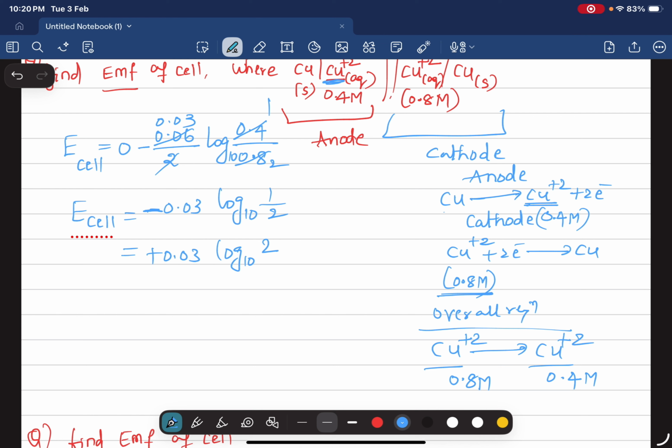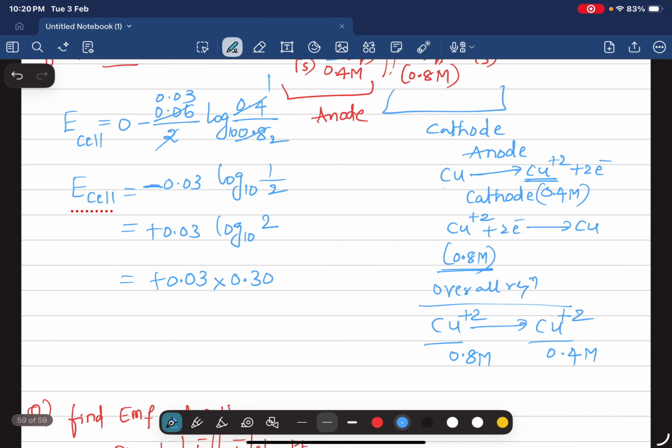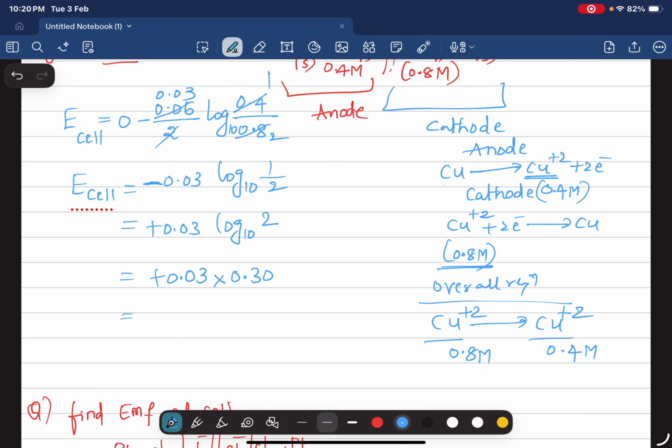Log 2 is 0.3010. So 0.03 into 0.3010, which is 3 into 10 power minus 2 times 3 into 10 power minus 1, equal to 9 into 10 power minus 3. This is the E cell value for this reaction.